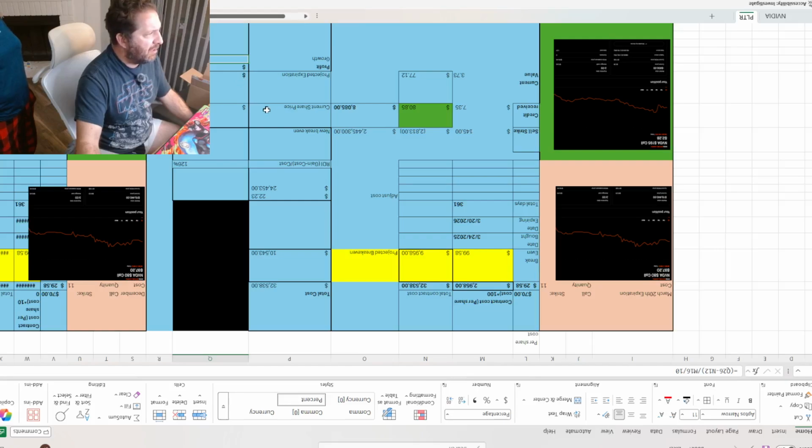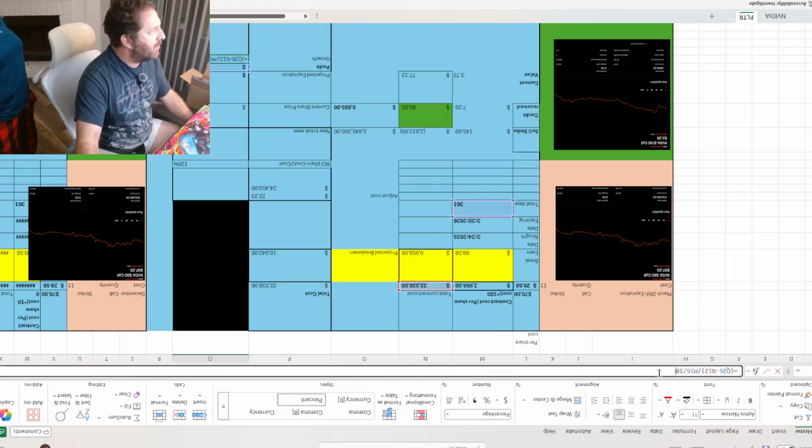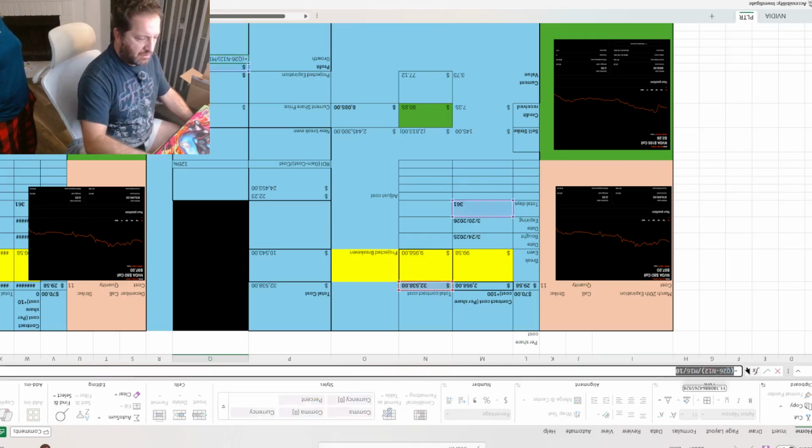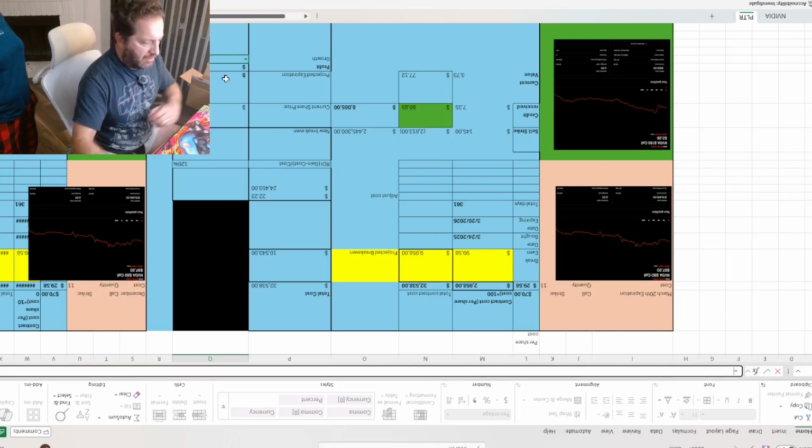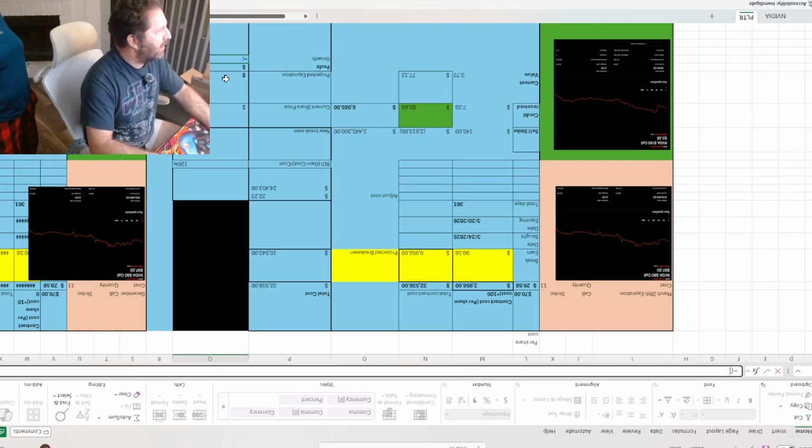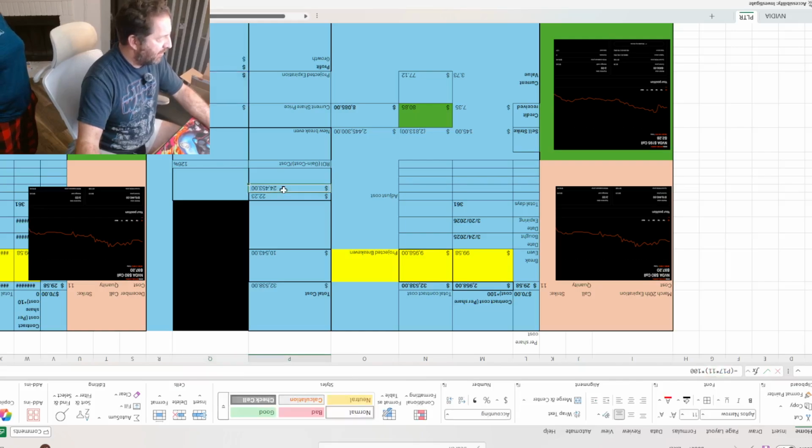So this is going to be parentheses, this number minus this number divided by this number. You put times there. You didn't put division.